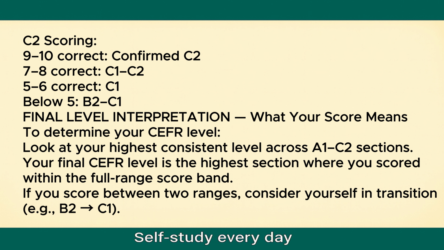To determine your CEFR level, look at your highest consistent level across A1 to C2 sections. Your final CEFR level is the highest section where you scored within the full range score band. If you score between two ranges, consider yourself in transition.